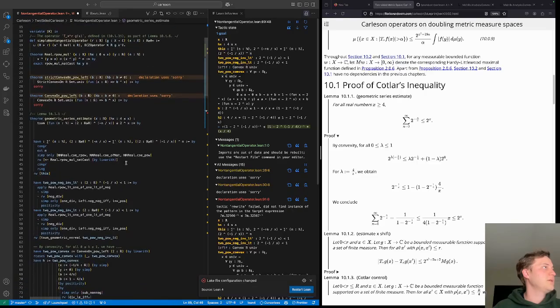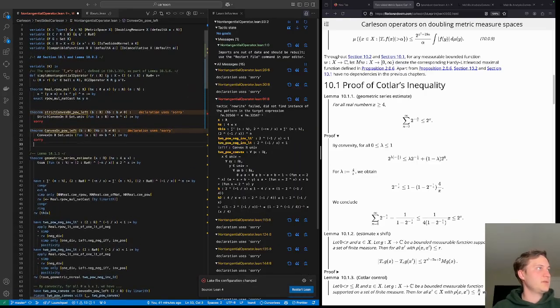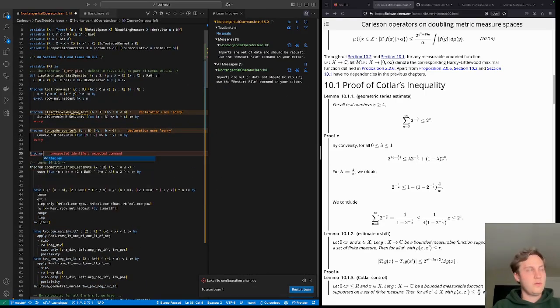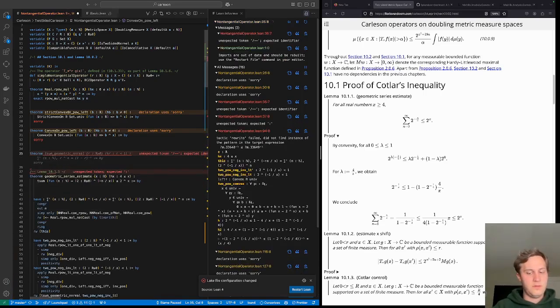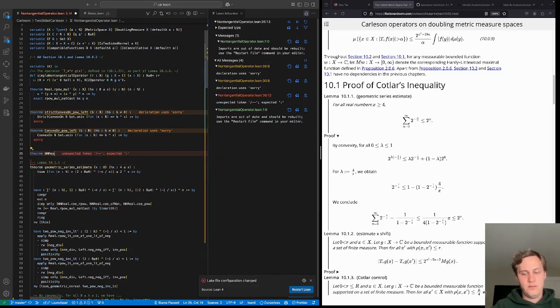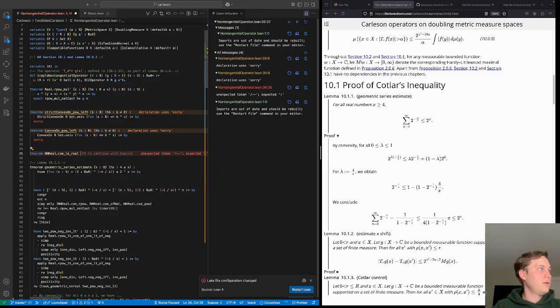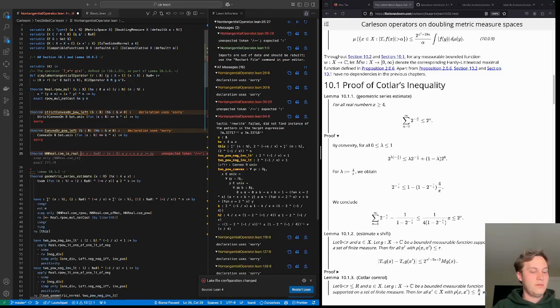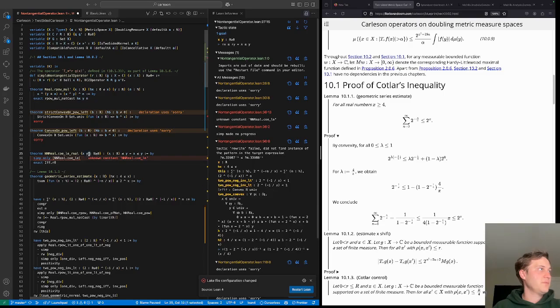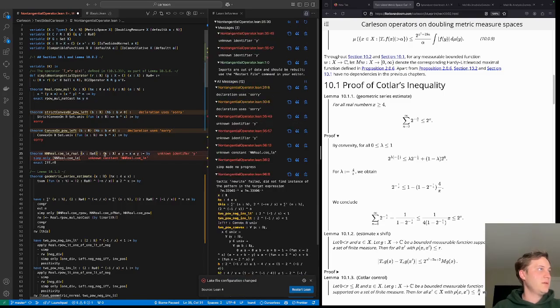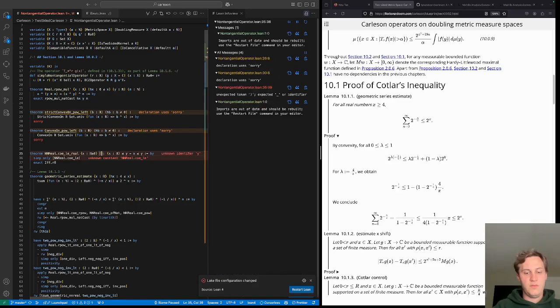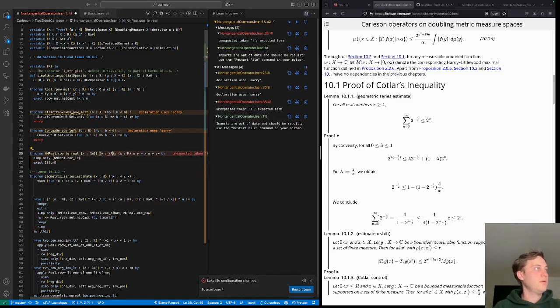Okay, time to break out the additional lemmas again. Theorem. If NNReal dot coe real. So we have x is that. I'm also going to say that y is simply a real.